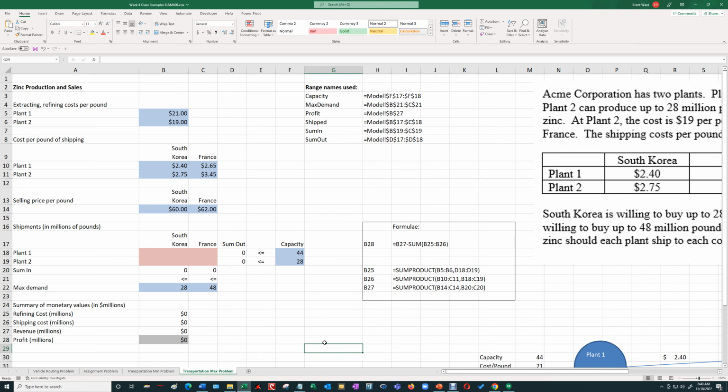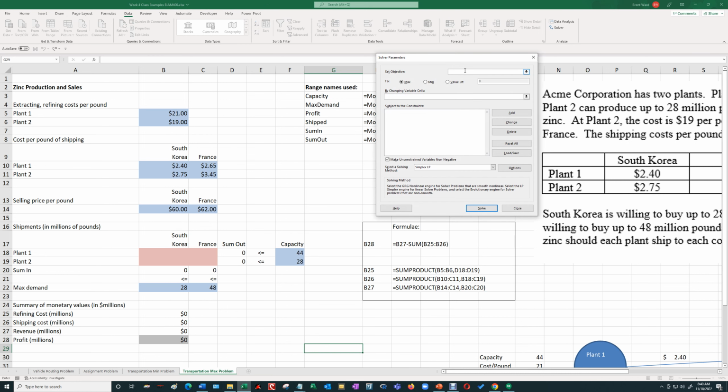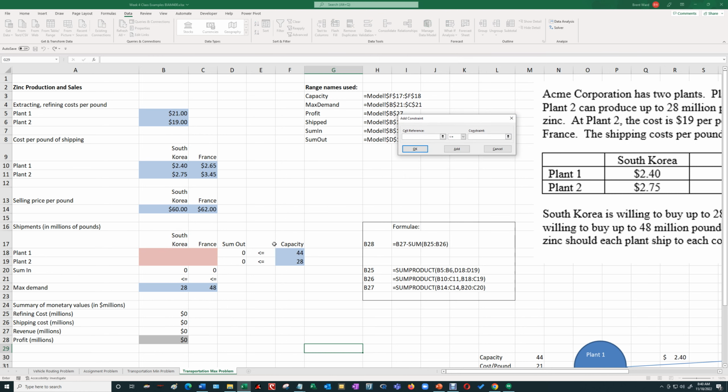So to solve this in Solver, you need to go to Data, Solver. Then you want to set your objective, which is the profit figure we just indicated, to a maximum, not a minimum like a lot of other transportation problems, but a maximum, by changing the decision variable cells, which are these cells right here, subject to these constraints. First of all, this column must be less than or equal to the values in this column.